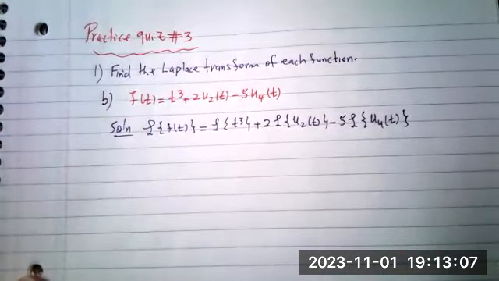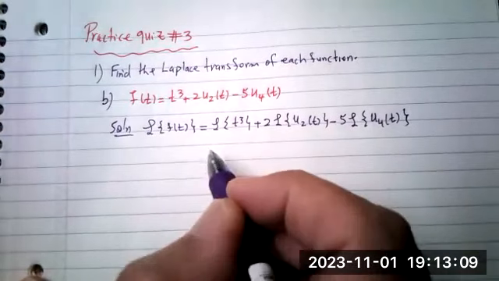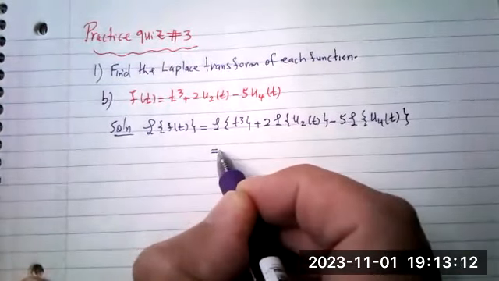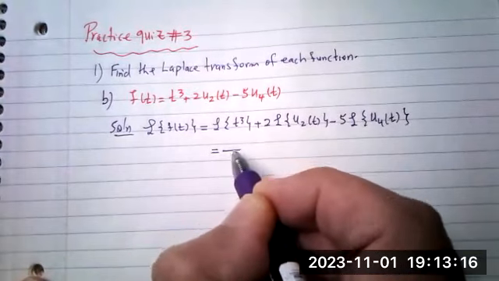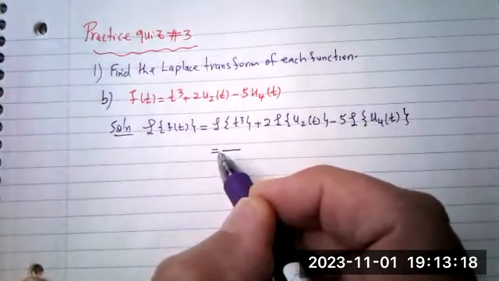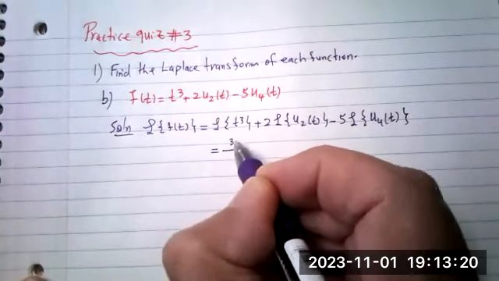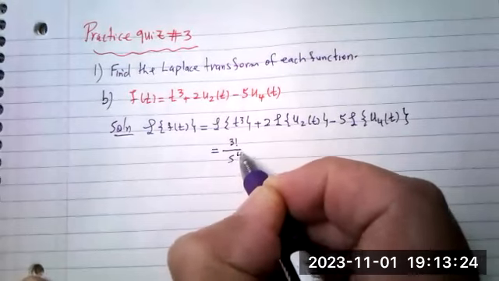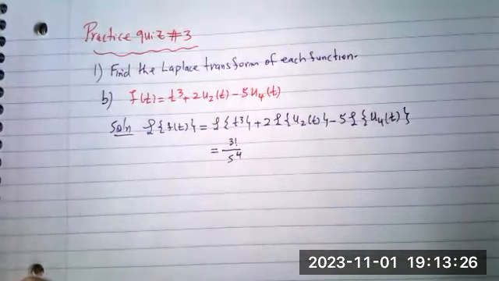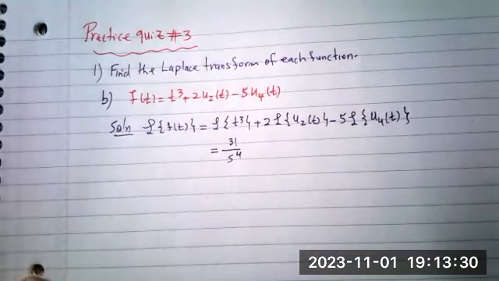Just use the formula for each one of them. Remember, what's the Laplace of t cubed? 3 factorial over s to the 4th. You have the formula, you can use it: Laplace of t to the n is n factorial over s to the n plus 1.